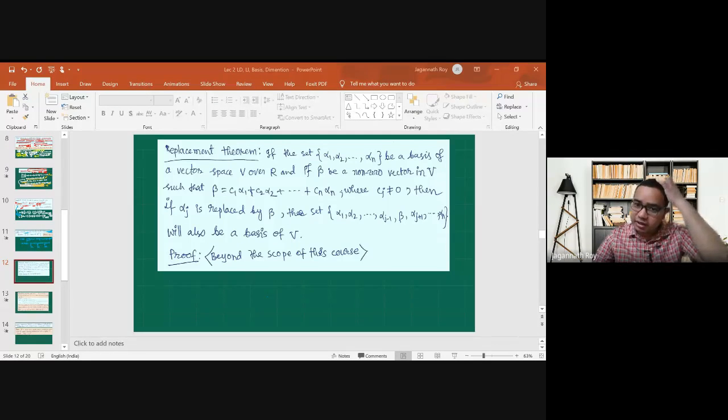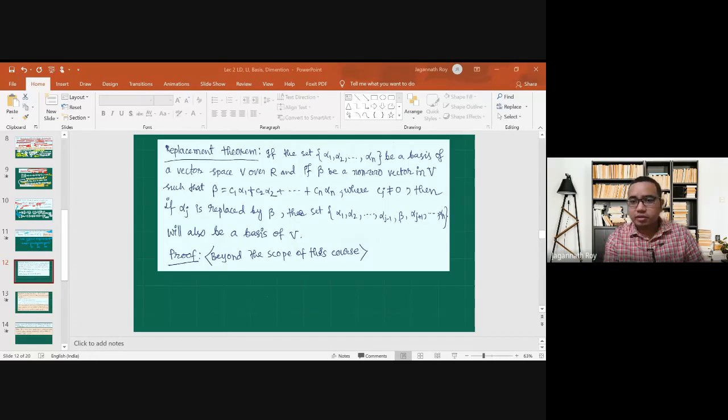For linear independence, we have the determinant as a shortcut method. From the linear combination equal to 0, if all Ci are 0, then we can say it is linearly independent.